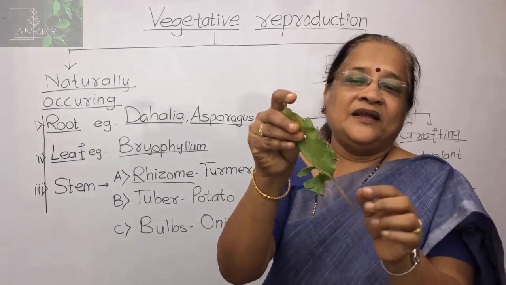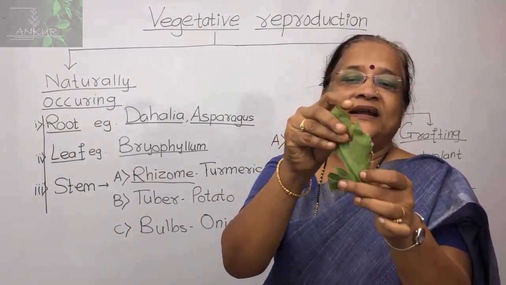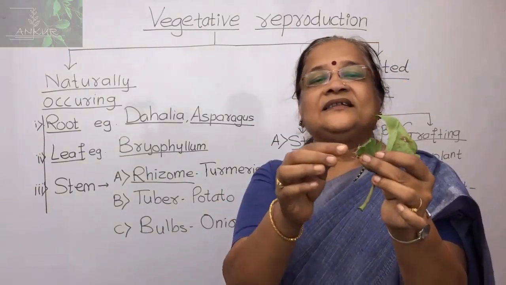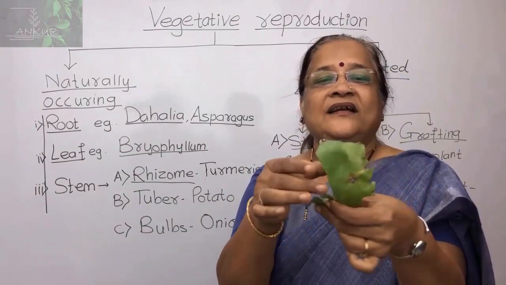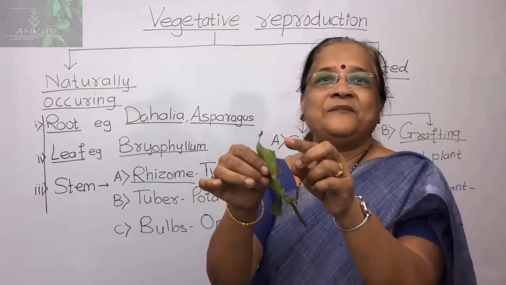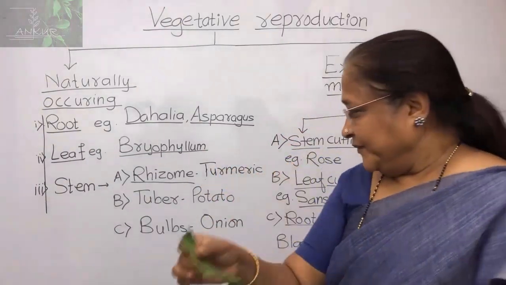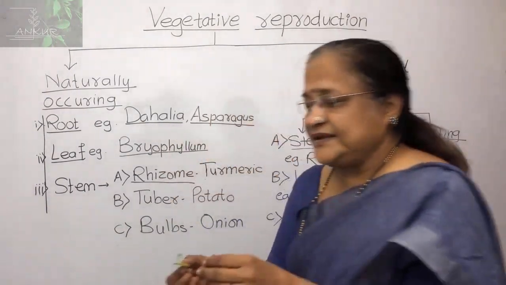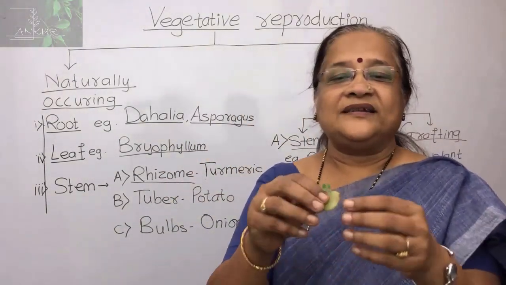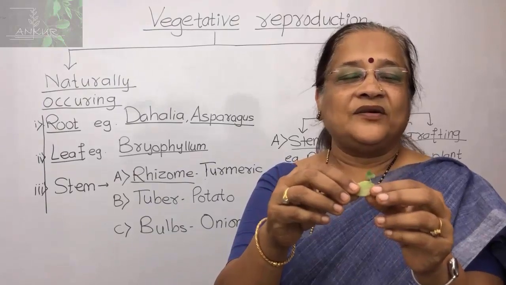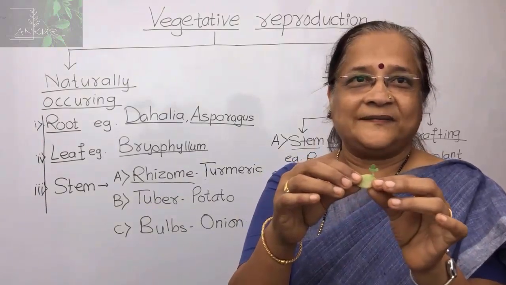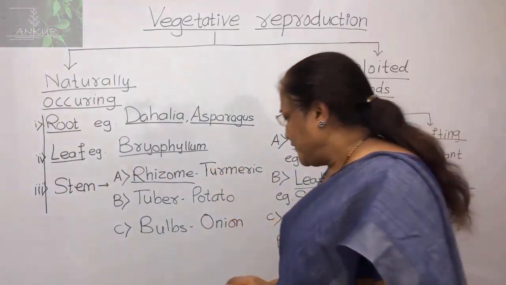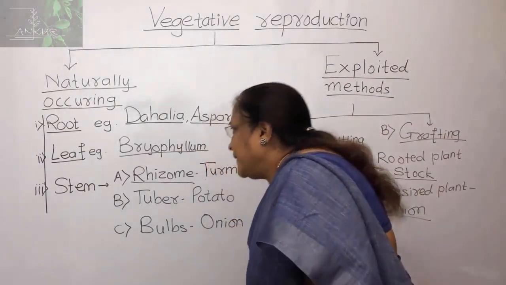From each leaf you get so many plantlets, or very small plants. You can see these structures very keenly, they are rooting here, and we get the leafy part of this Bryophyllum. In another species of Bryophyllum, you can see a very small plant also coming from the notch of the leaf. So this is the example of a leaf from which we get a new plant.